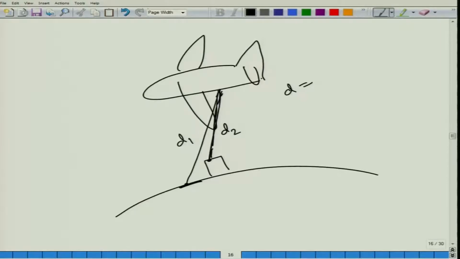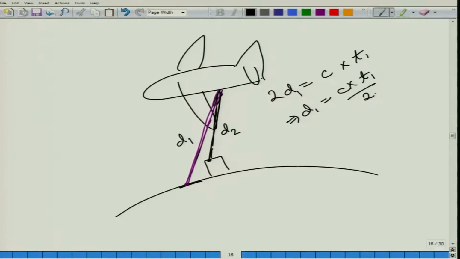When this light is going from the aircraft to the ground, it is traveling a distance of d1. When it is moving back, it is again covering a distance of d1. So, we have twice d1 is equal to c multiplied by the time of flight, which gives us d1 equal to c times t1 upon 2.